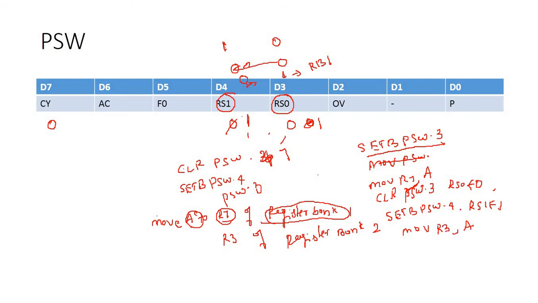So till here it is register bank 0, and after this instruction it is register bank 1. So like this we can make use of the clear and the set instructions, right? And these set and clear instructions, in many cases, we use mostly in timer programming, which we will see in modules 3 and 4.